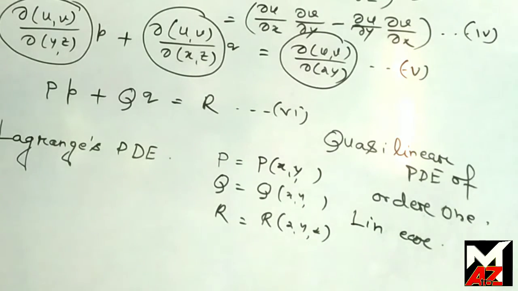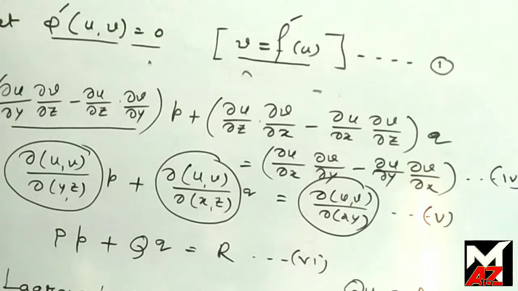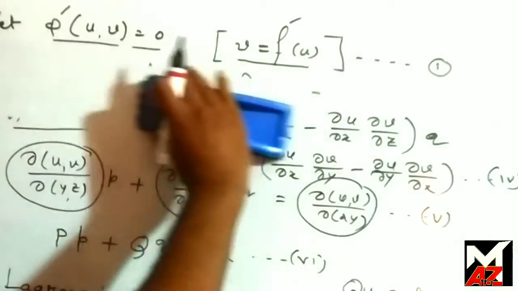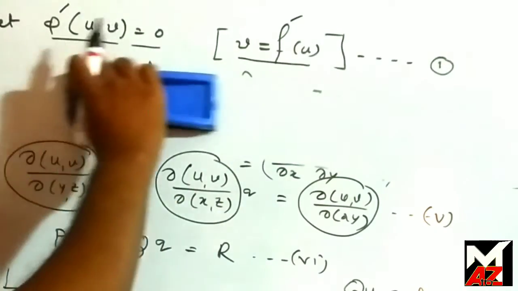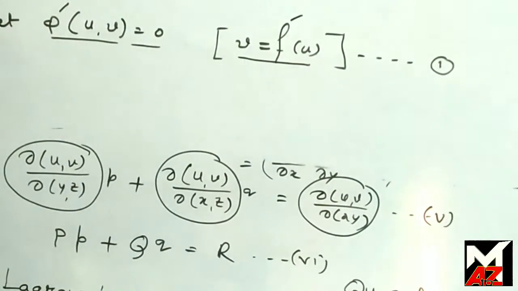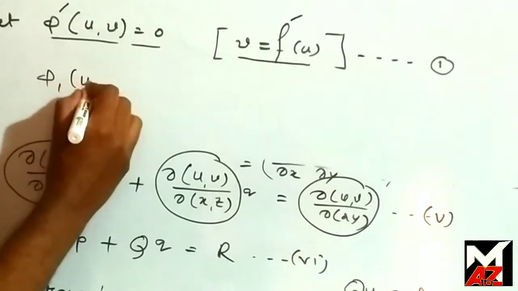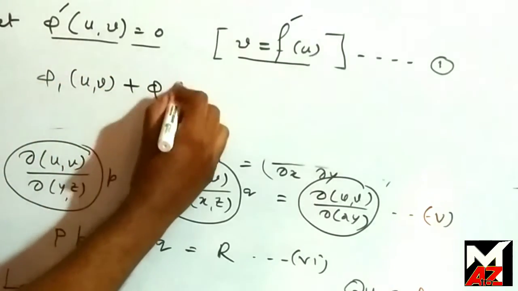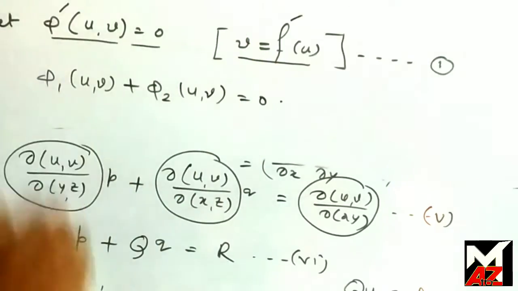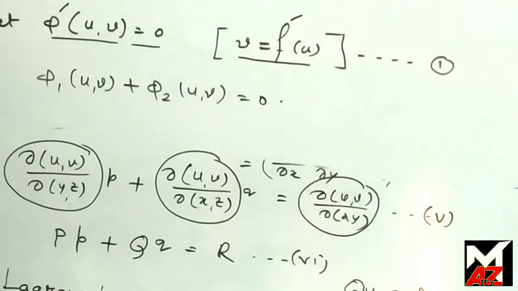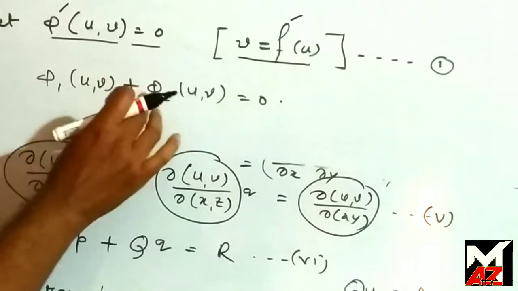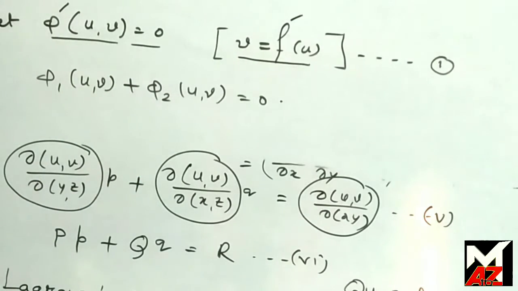So we form the partial differential equation by eliminating an arbitrary function. Now if this relation consists of more than one arbitrary function, like phi 1 uv plus phi 2 uv equal to 0, then we can also eliminate phi 1 and phi 2, both arbitrary functions, and we can make a partial differential equation.